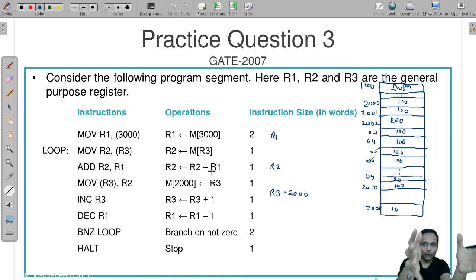Looking at the program, you can see that there is a loop. The loop starts from here, and this is the condition, so jumping should be from here to here. These many instructions are in the loop. I don't know as of now how many times the loop runs.